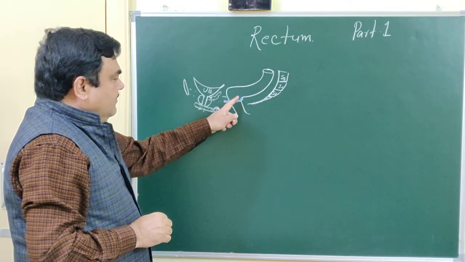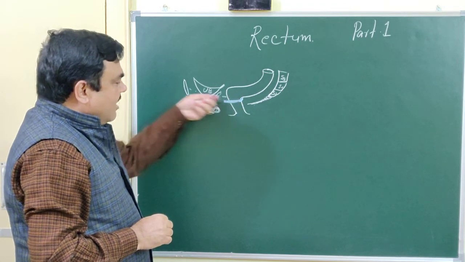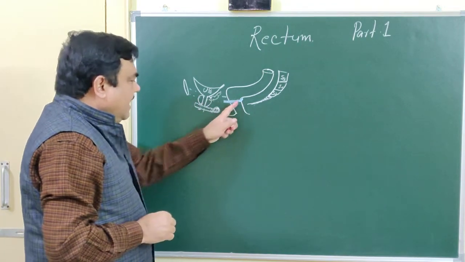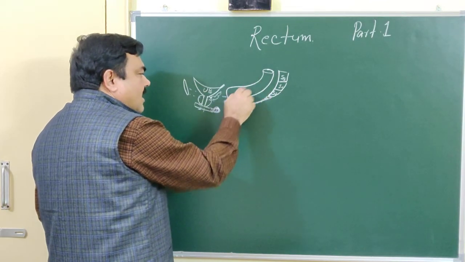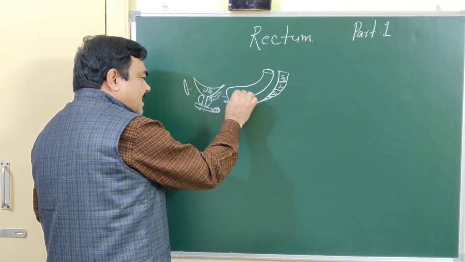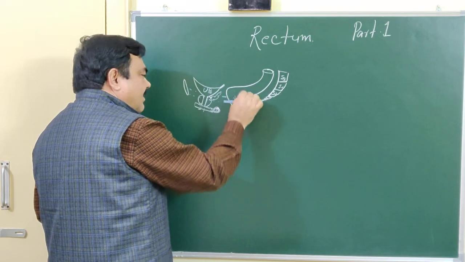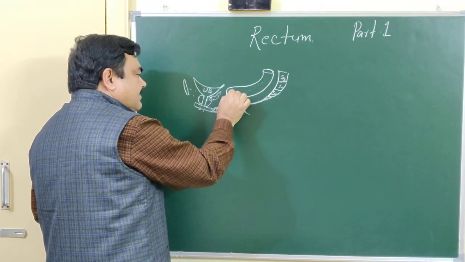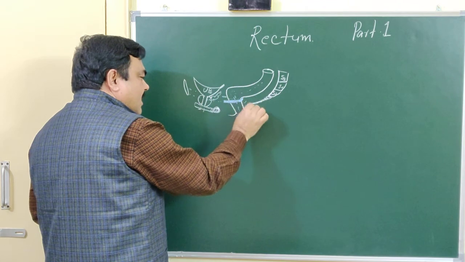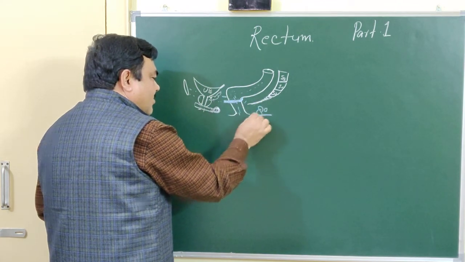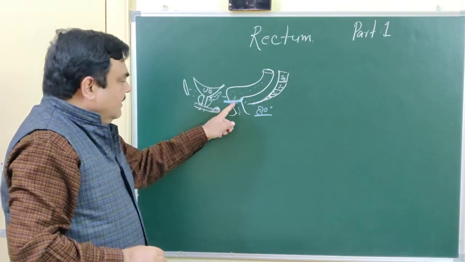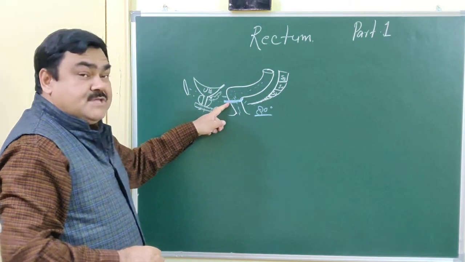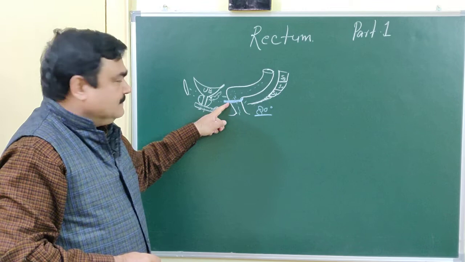This muscle pulls this junction forward and makes an angle of about 80 degrees. This is the anorectal angle, between the long axis of the rectum and the anal canal. This angle is about 80 degrees, and it is maintained by the forward pulling of the puborectalis muscle.